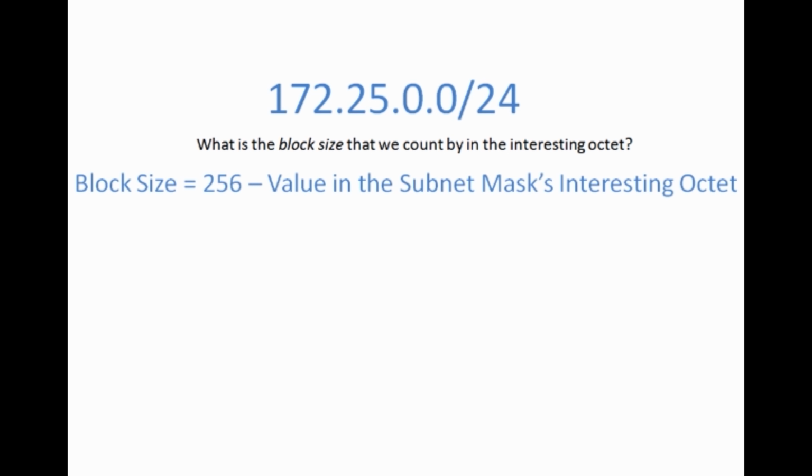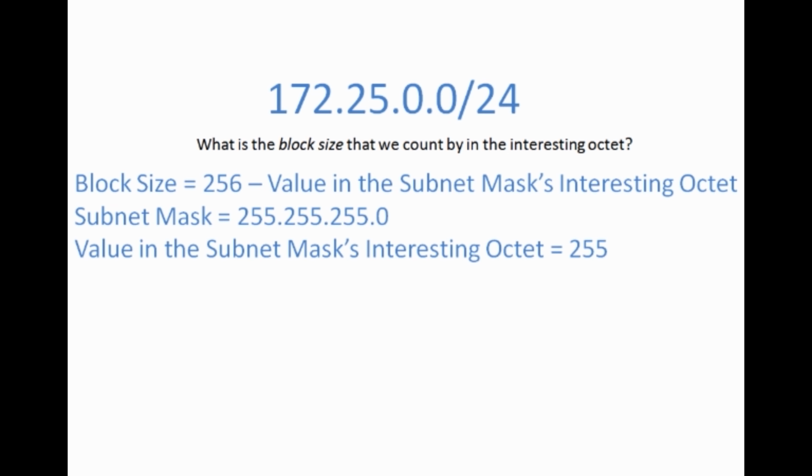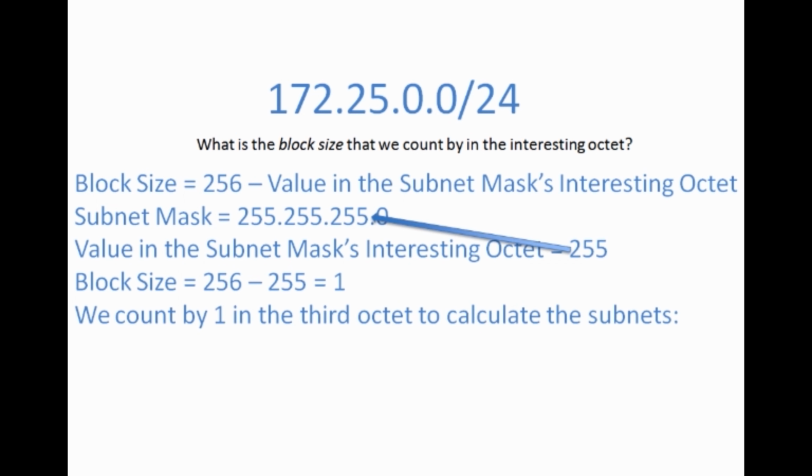What's the value in the third octet? 255. The block size is therefore 256 minus 255. That's going to give us a block size of 1. We said we had 255 in the interesting octet in our subnet mask, 256 minus that 255, that gives us 1. That tells us we're going to count by 1 in the third octet.